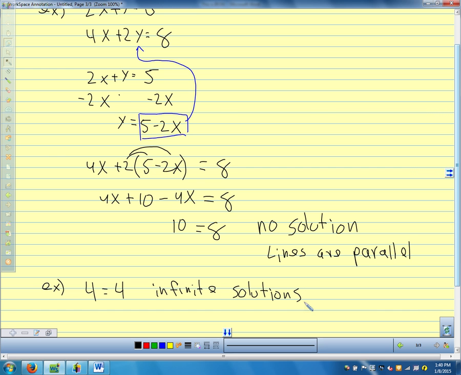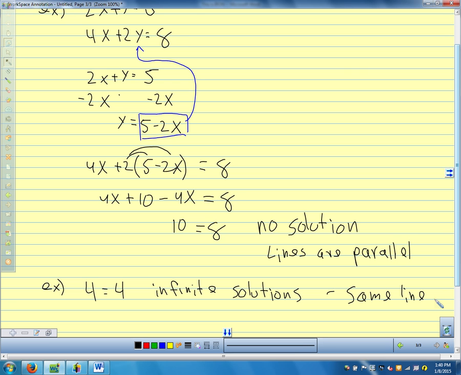Because when is 4 equal to 4? Always. Infinite number of points. And this happens when the two equations are for the same line. So when you come up with an answer like 4 equals 4, 0 equals 0, 1 equals 1, that means you have an infinite number of solutions.